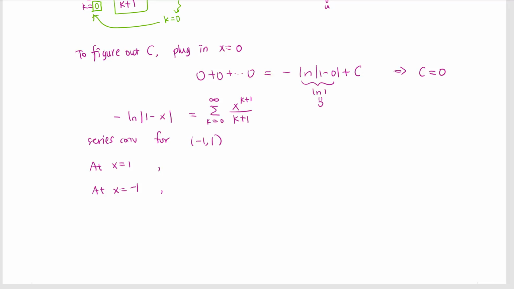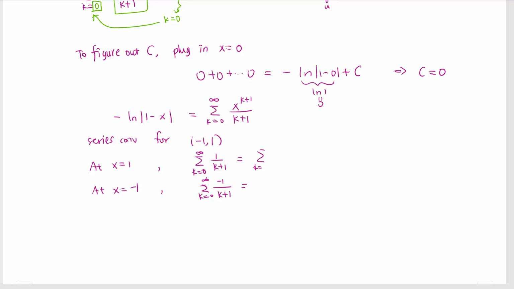At 1, we plug x is 1 into the series, then we have 1 over k plus 1. When we plug in minus 1, we have minus 1 to the k plus 1. So far, so good. Actually, they are p series.